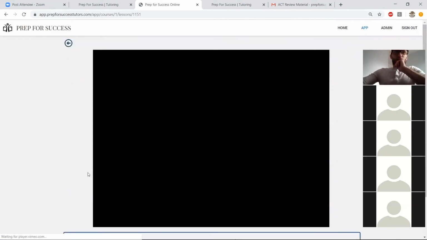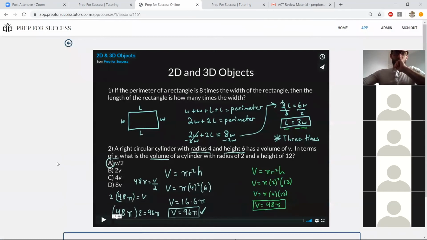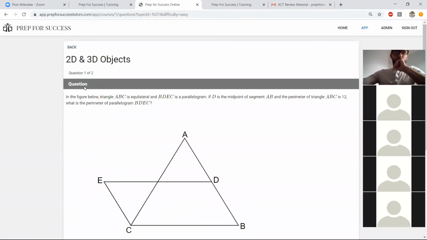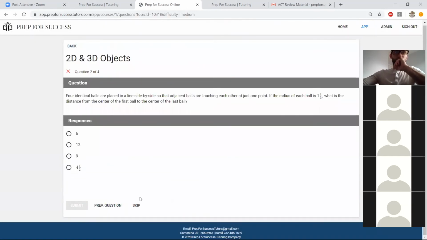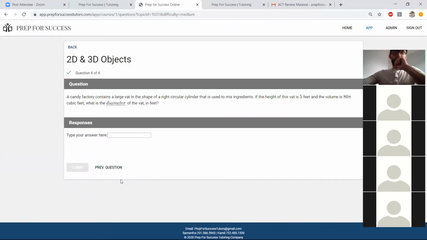2D and 3D objects, this is all about volumes. Let's just do one question, and then we'll move on. Let's take a look at this question. Okay, I'm going to give you the equation for the volume.